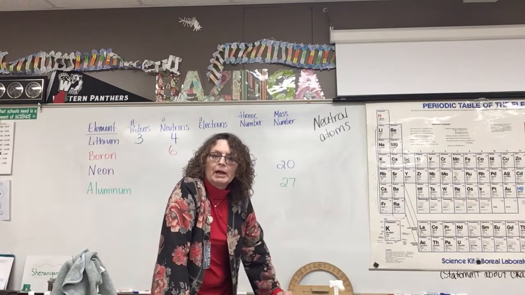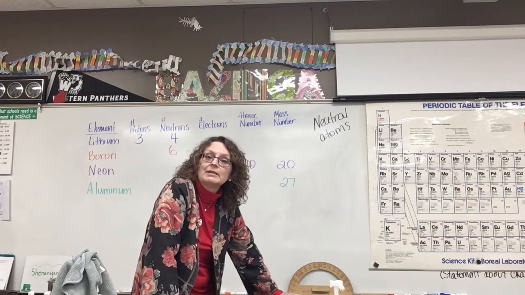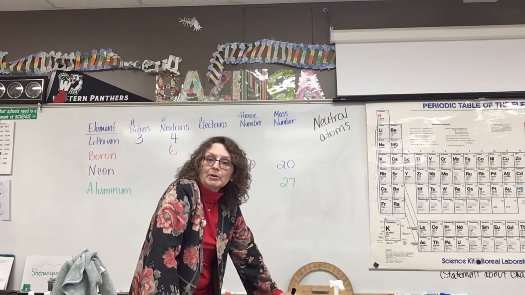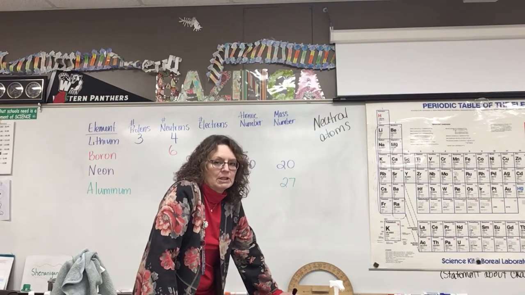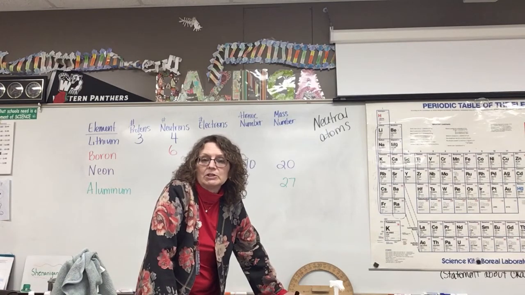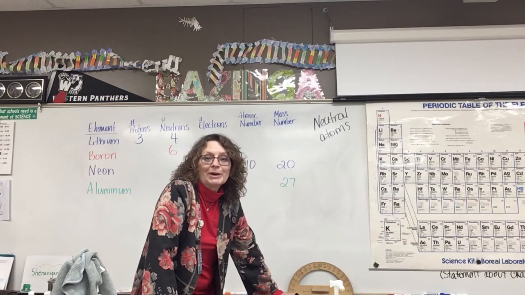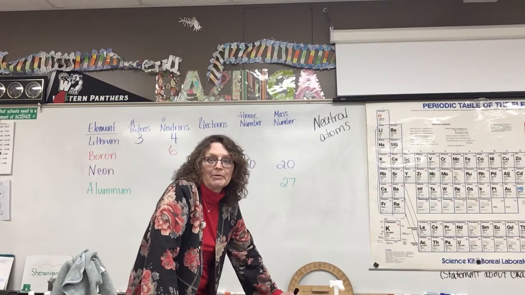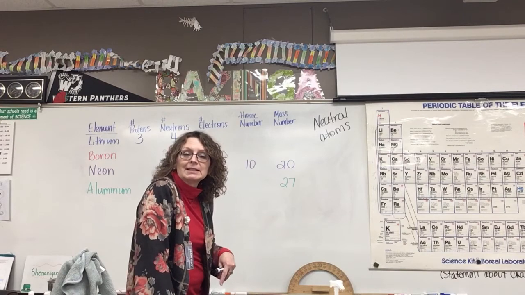The atomic number identifies the number of protons, but it also identifies the number of electrons because we're talking about neutral atoms. Whatever number of protons, you have to have the same number of electrons. This information is on the worksheet you're going to be completing. You just have to read the information table at the top and then complete the table on the bottom. Once you know a couple of the numbers, you just have to do a little bit of easy mental math. The first one that we're going to do on the board together is lithium.